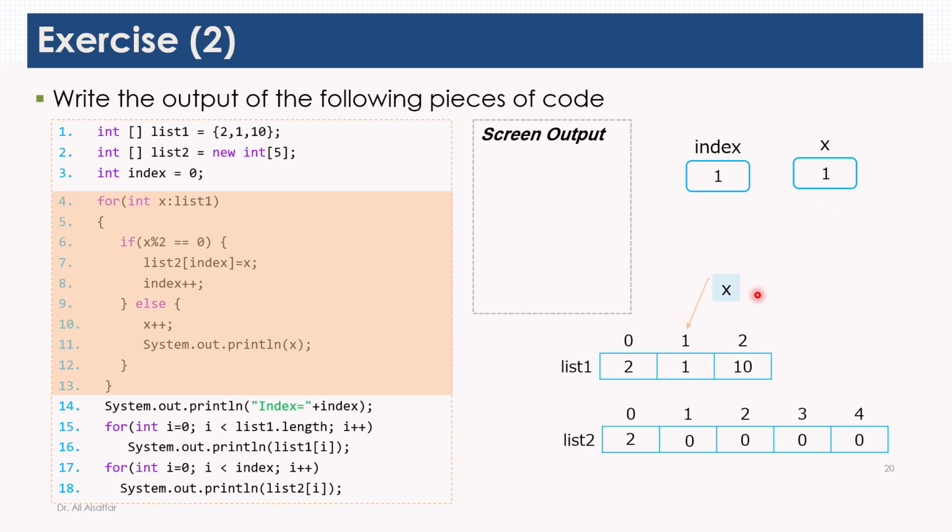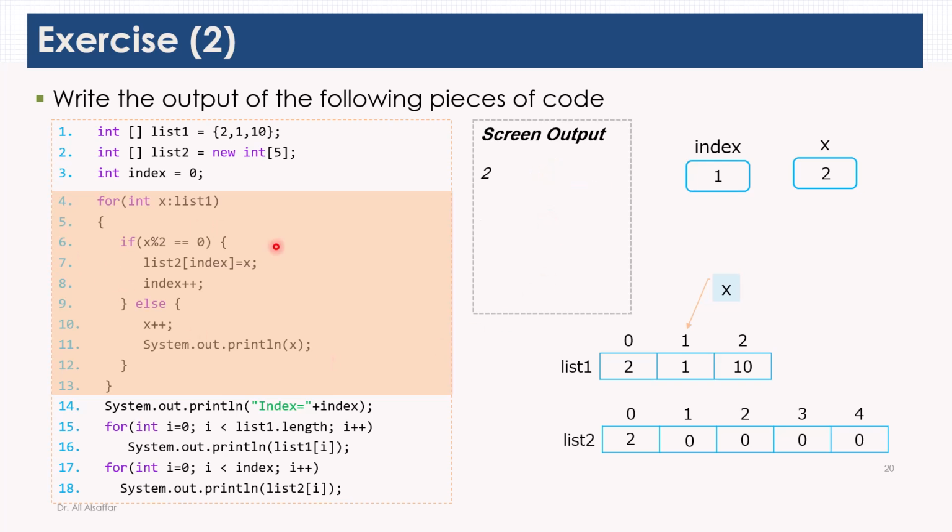But these are different copies. 1 inside the array is not the same one that is inside x. X has only a copy of the element. So when we change the value of x at line 10 and it becomes 2, the value in the array is never changed because x will receive only a copy. And when we go to line 11, we are printing the value of x, and the value of x is 2, so therefore on the output screen we are going to have 2.